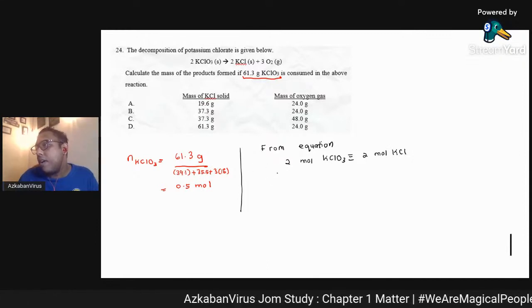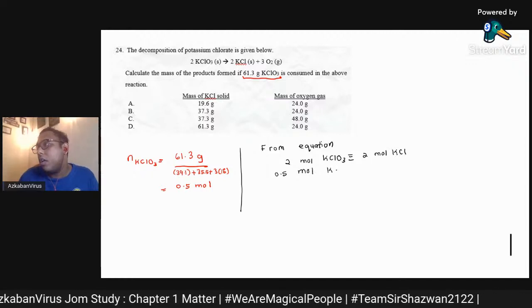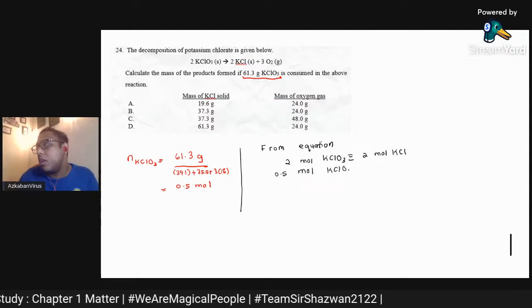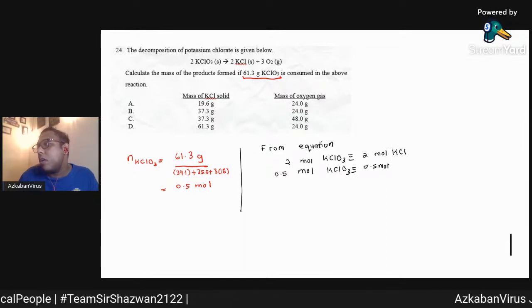So if you have 0.5 mole KClO3, dia akan menghasilkan 0.5 mole juga of KCl.